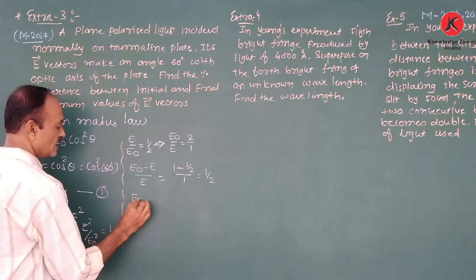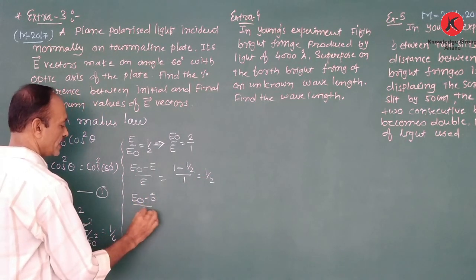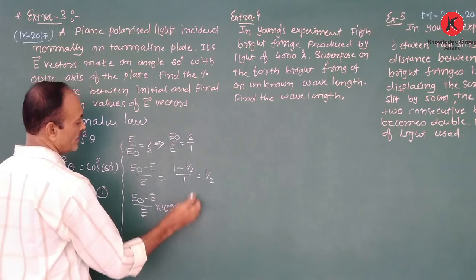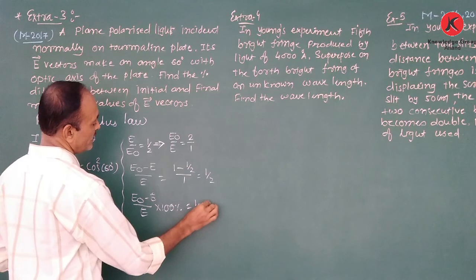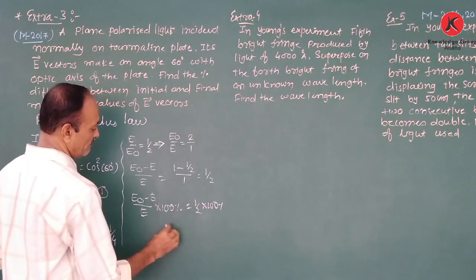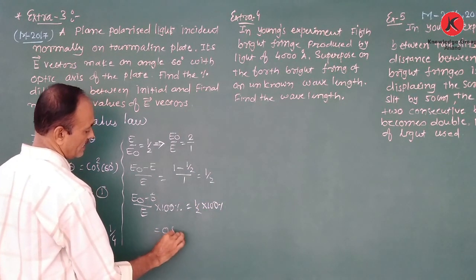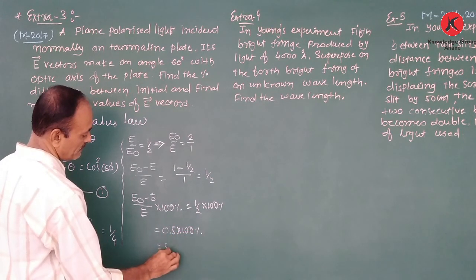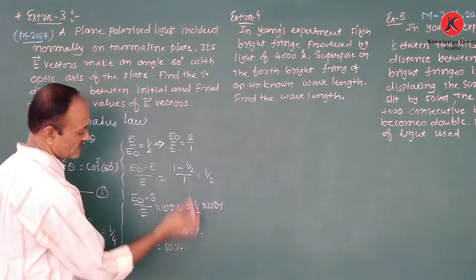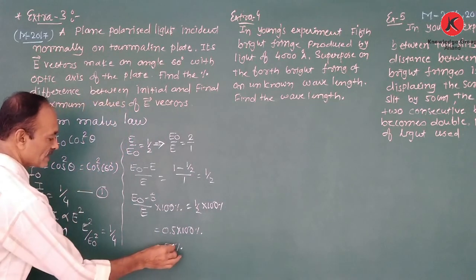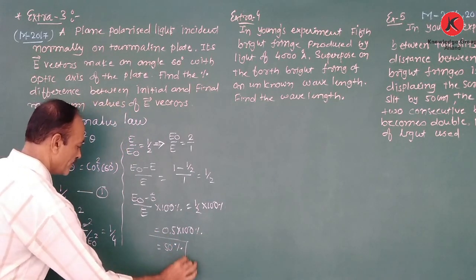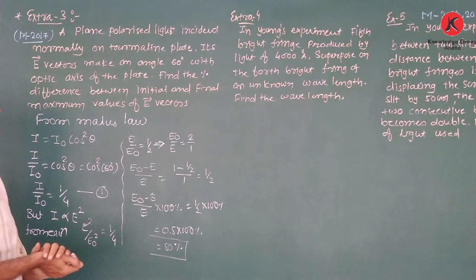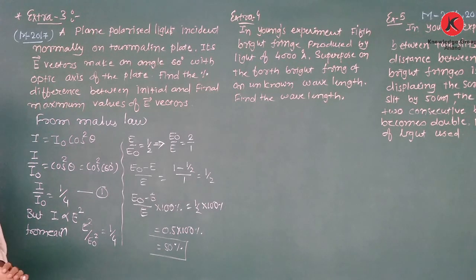The percentage value, E0 minus E upon E multiplied by 100%, is equal to 1 by 2 into 100, that is 0.5 into 100. So it is equal to 50%, which is the answer. The 50% is the difference between the initial and final maximum value of the E vector.